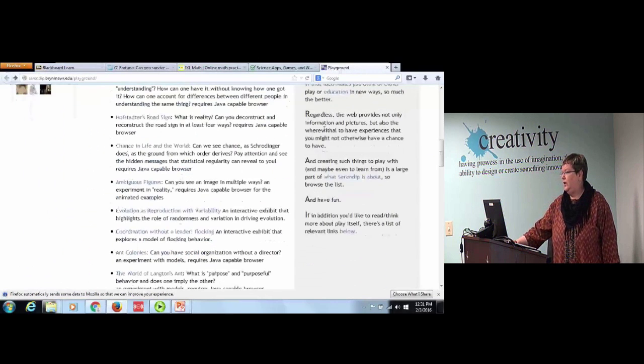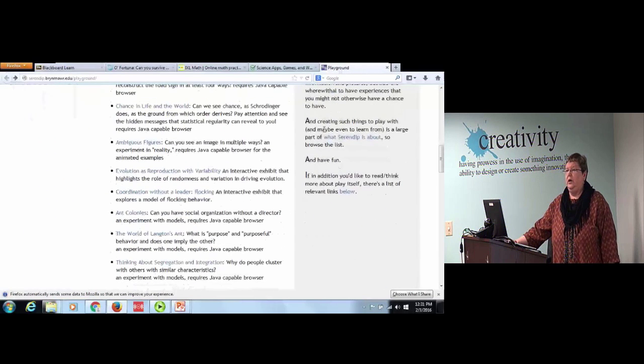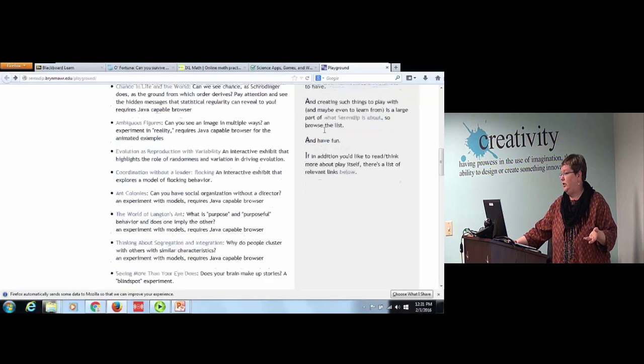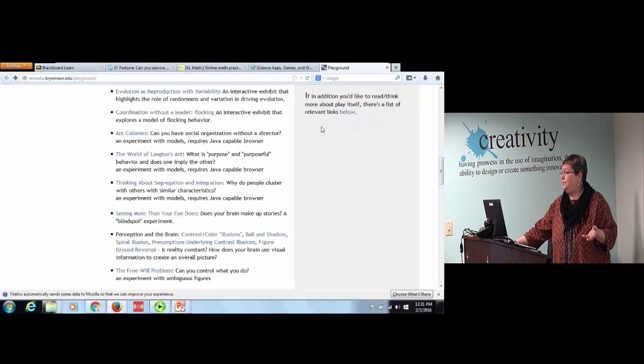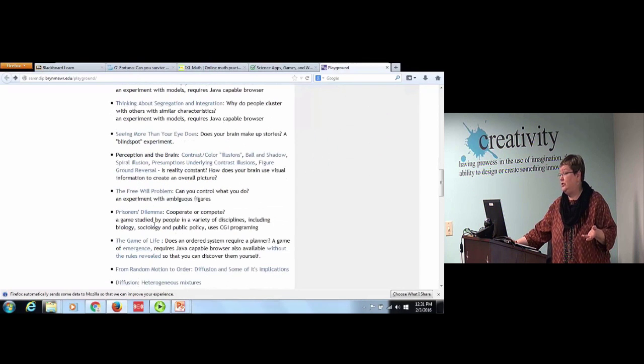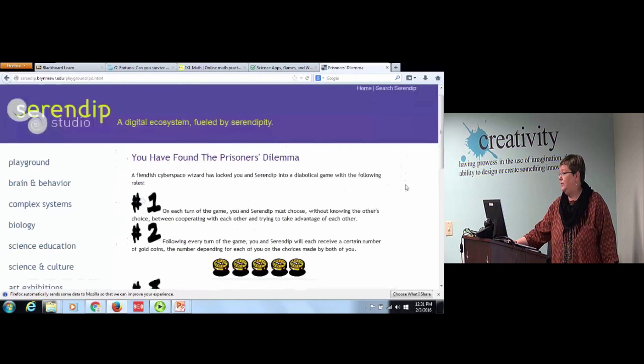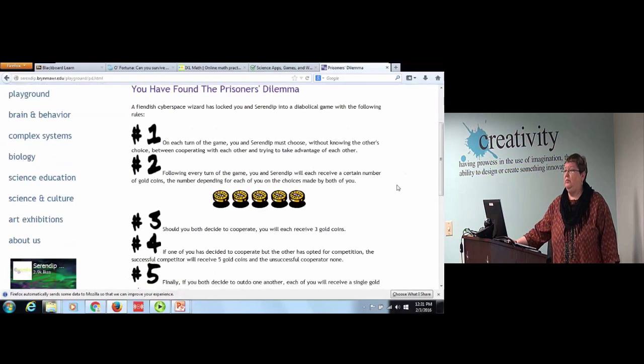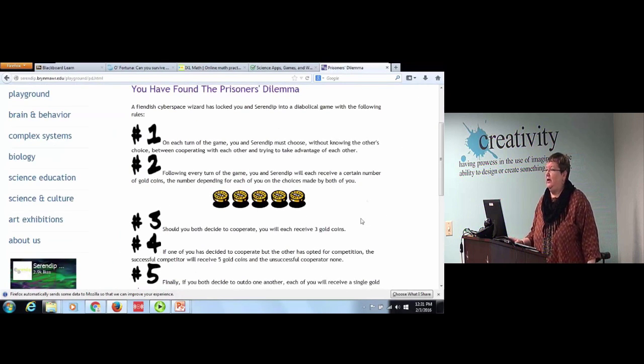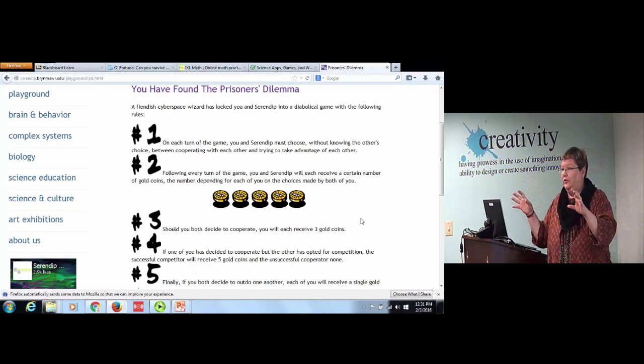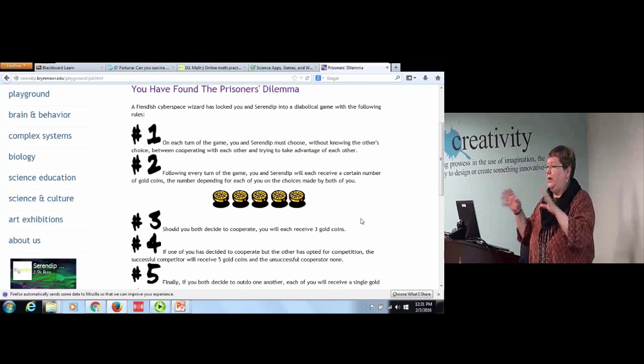So just the scope of the things. This is the kind of stuff that you could use in science classes, sociology classes, psychology classes. The Prisoner's Dilemma, if you're familiar with that game. This is where you play against the computer. In the Prisoner's Dilemma, you and somebody else are prisoners, and you have to make decisions.